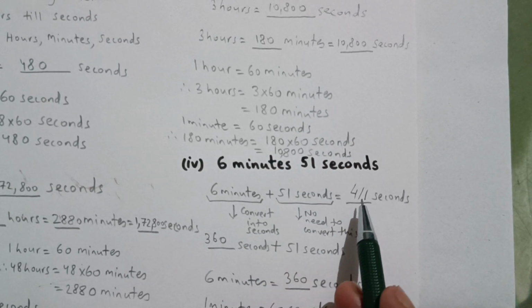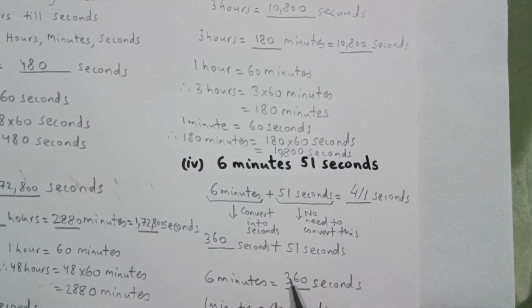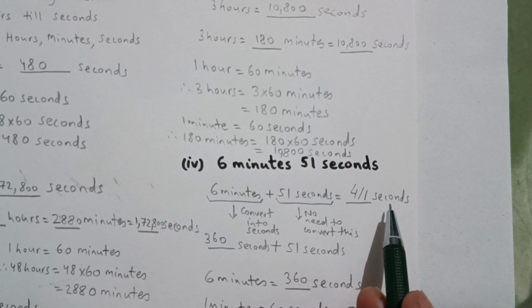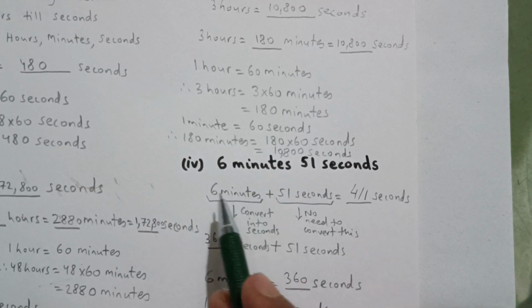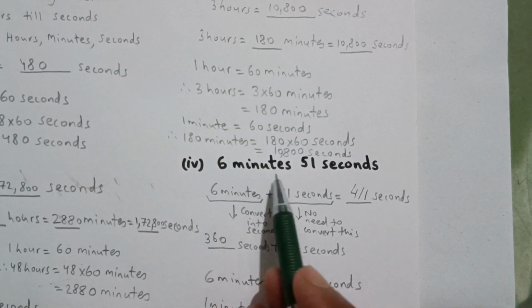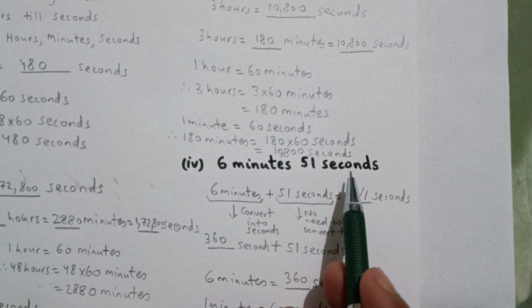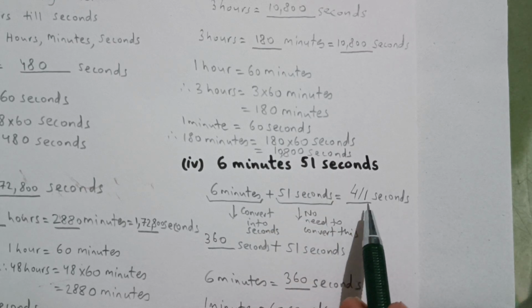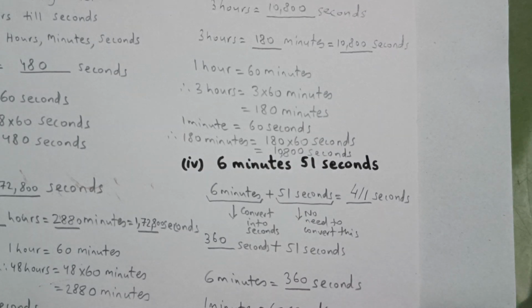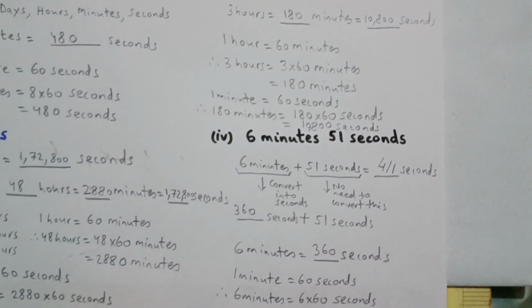So the total is 411 seconds, and that is the answer for question number 4. So 6 minutes 51 seconds, when we convert it into seconds, is 411 seconds. Now let us go to question number 5.